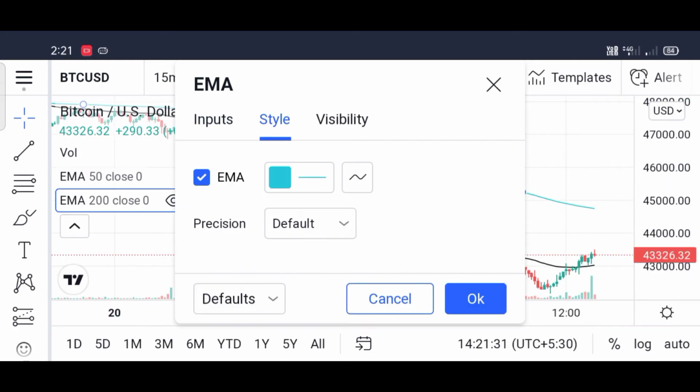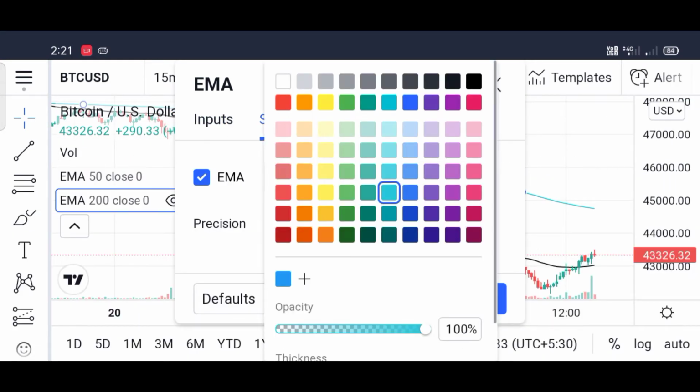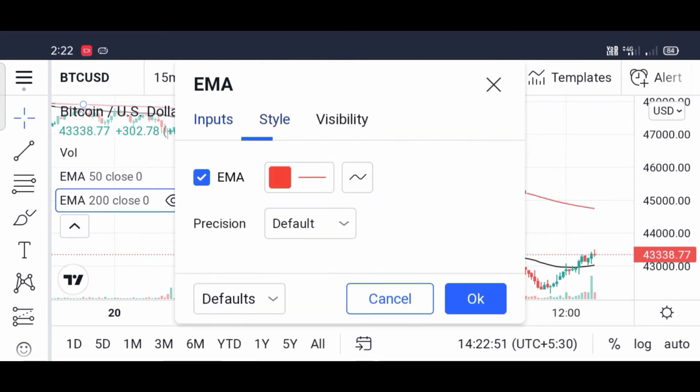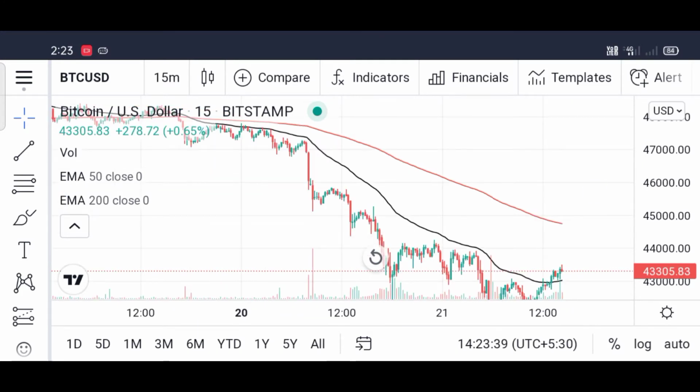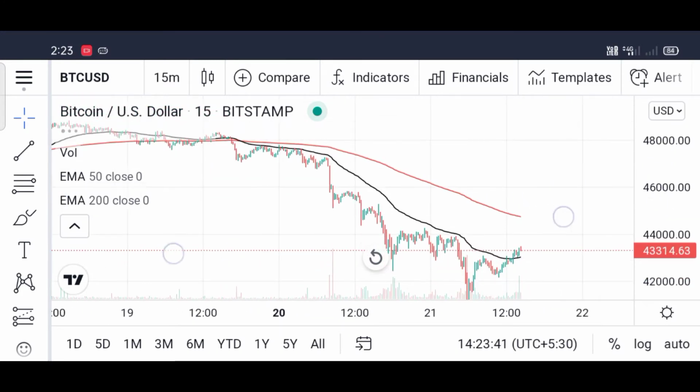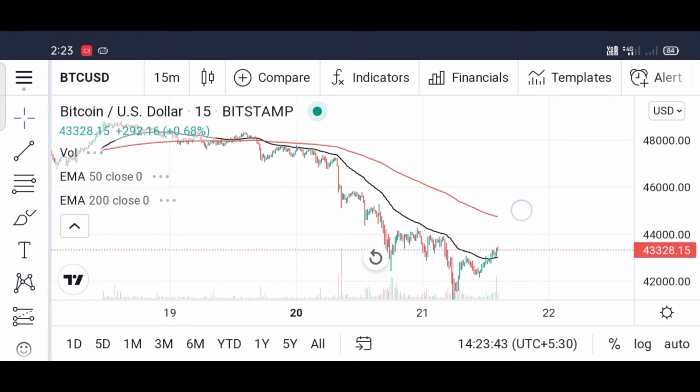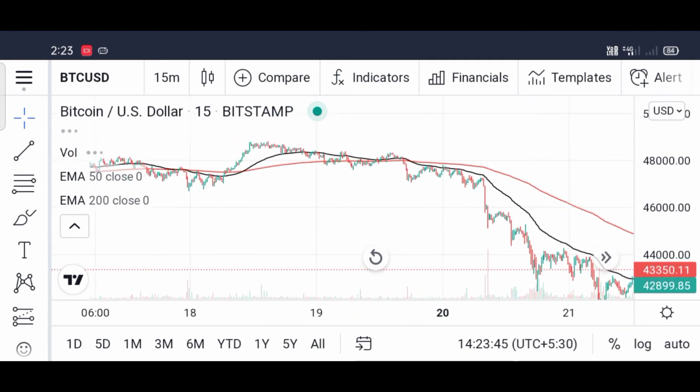Now go to style, select a color, red. Now click on OK. Now see there, black line is EMA 50 and red line is EMA 200.